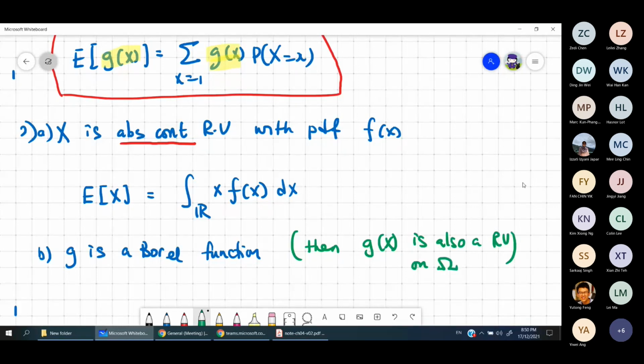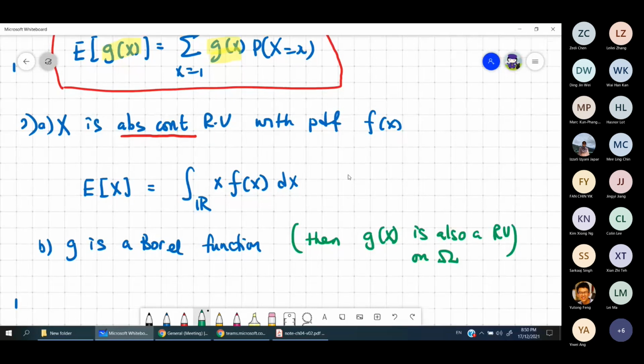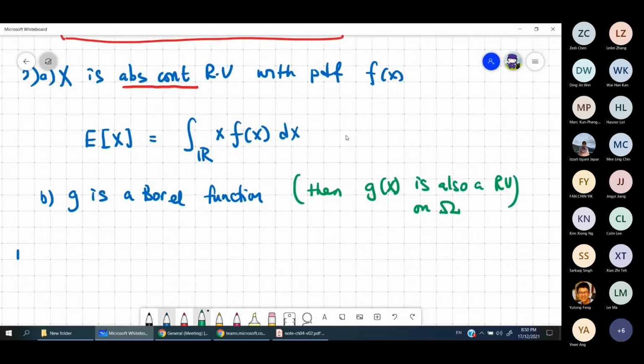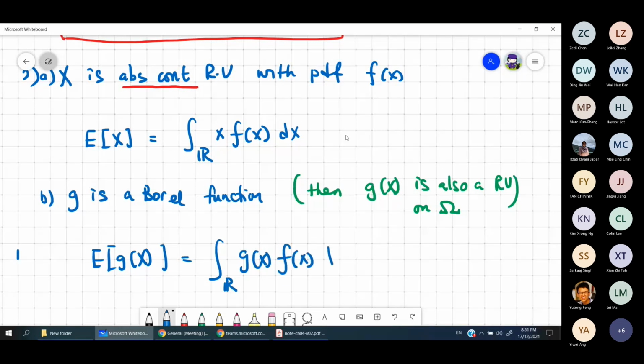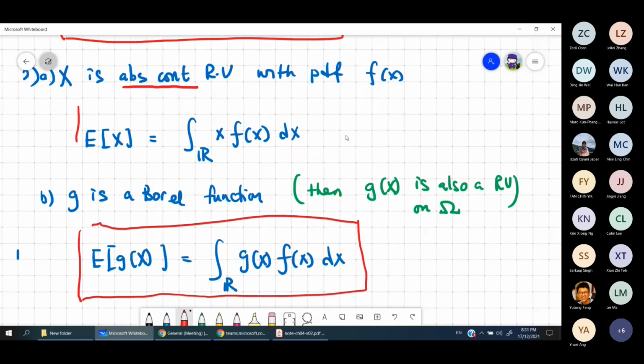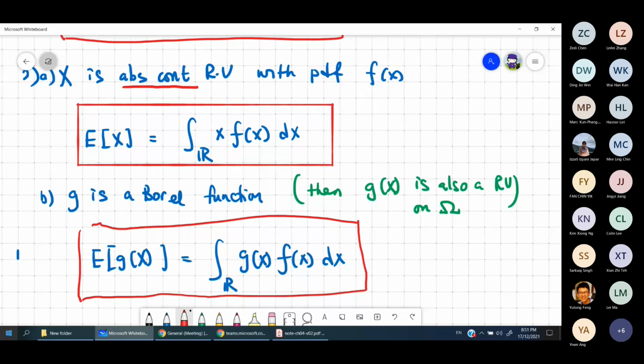Then E[g(X)] is given by this formula, the integral of g(x) multiplied by f_X(x) dx. So that is another two formulas here. Again, I believe you are already familiar with this formula. You have already applied it to do several calculations.